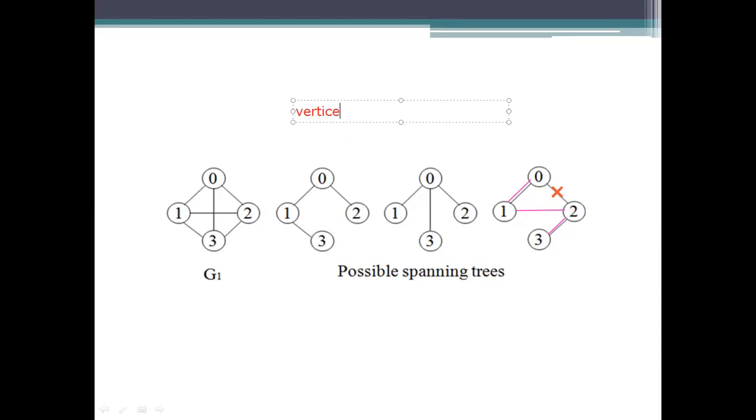The vertices of G1 should be equivalent to the vertices of the spanning tree. And coming to the edges, it should not be equivalent.